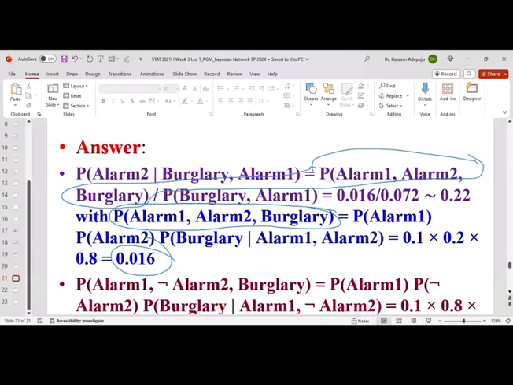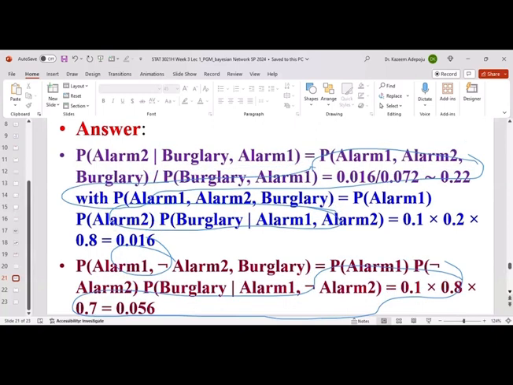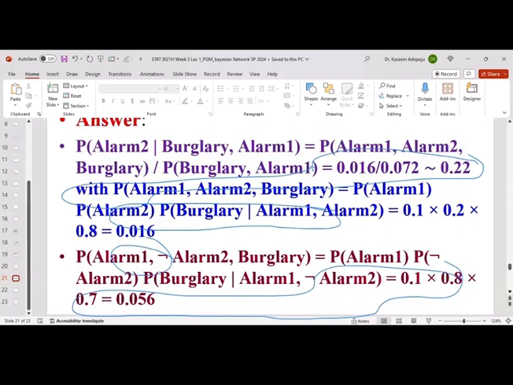I'm going to use that structure again, except where I have alarm 2, it is going to be the complement. So when I plug in all of that, I'm going to have 0.056.